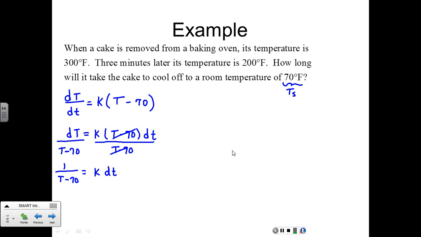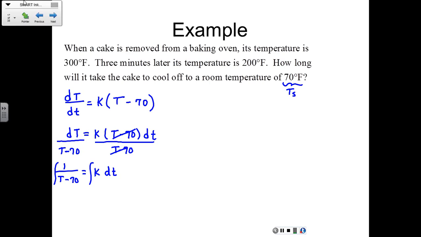Integrate both sides. I don't have any room in this one, so get all I can out of this. What's the integral of 1 over T minus 70 going to be? ln of T minus 70 equals the integral of k with respect to t.